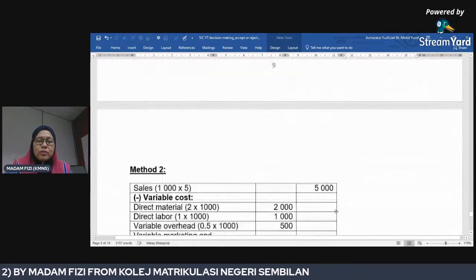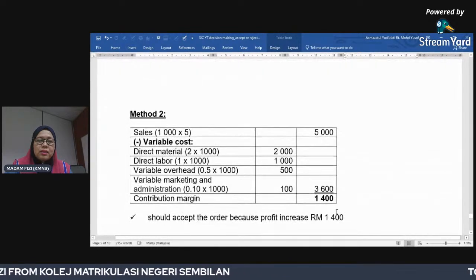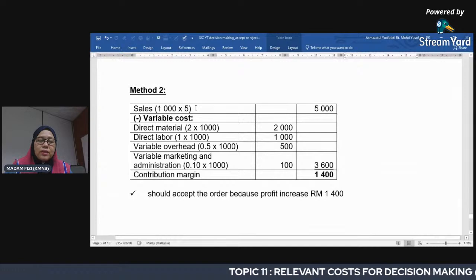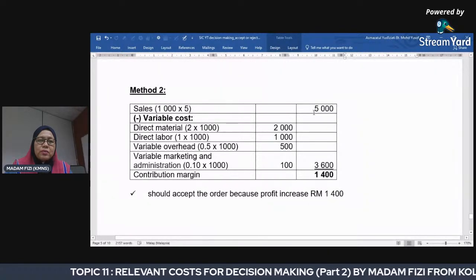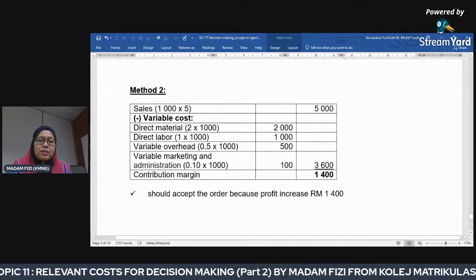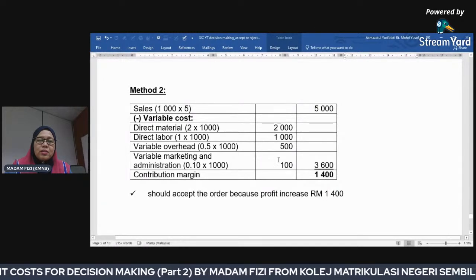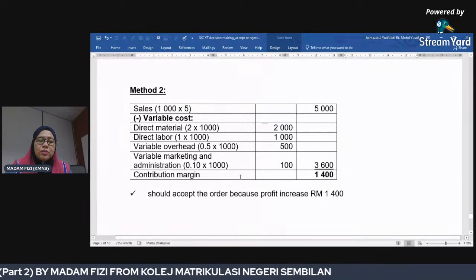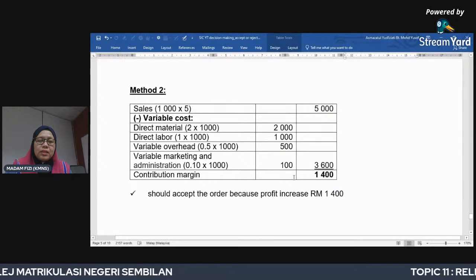And for those who make the calculation using method 2, this is the answer. You take only the relevant cost. Sales 1,000 times 5, that is 5,000 ringgit, minus variable cost, total 3,600, and the contribution margin is 5,000 minus 3,600, which is 1,400.